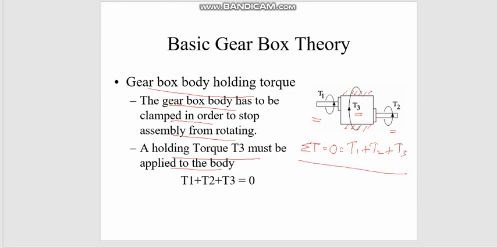If you know what T1 and T2 are, then you should be able to find what T3 is. If you find T3, then you know the holding force needed to secure the gearbox in place while the input shaft and the output shaft are rotating.